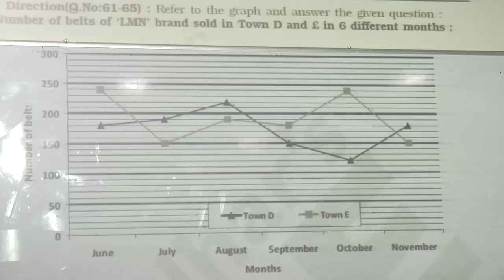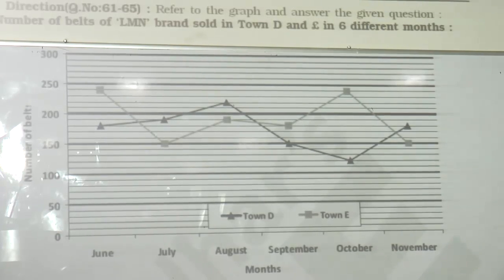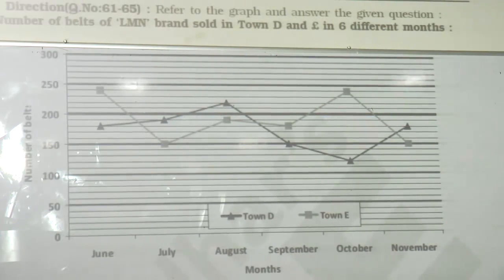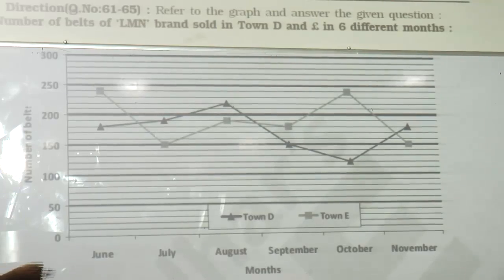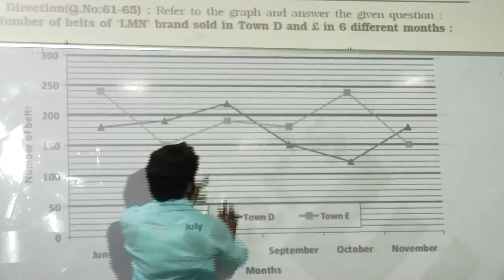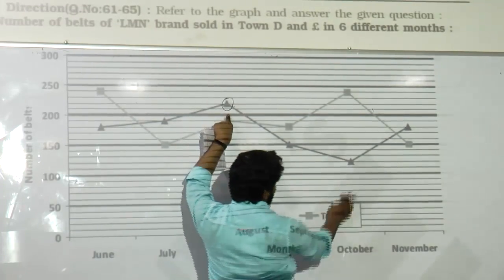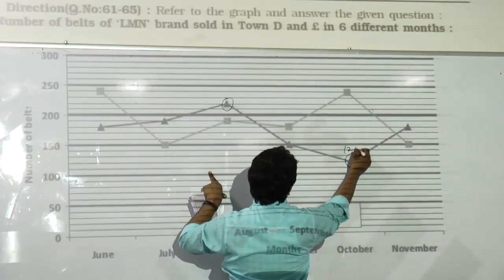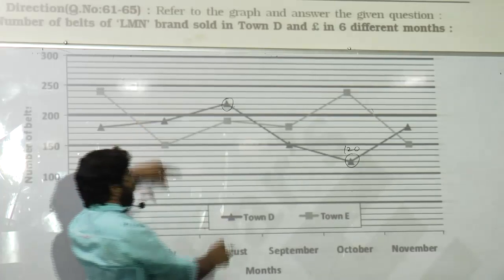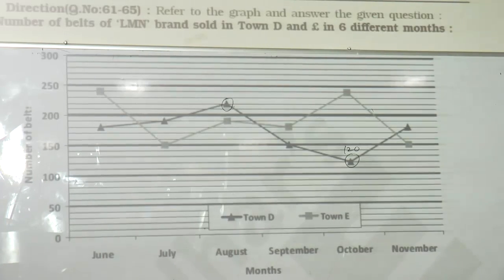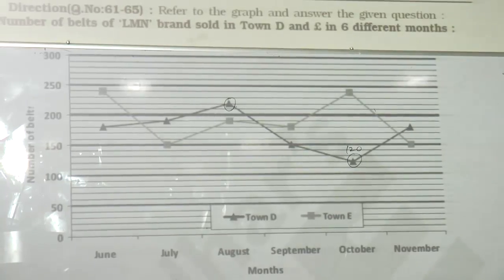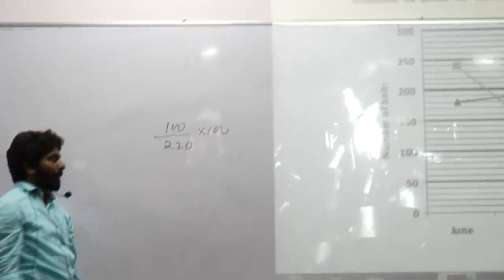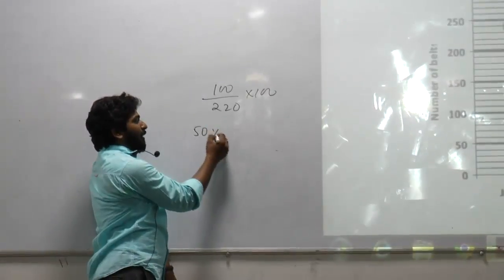63. Number of belts sold in town D decreased by what percent from August to October? D. August to October. This is 120 and this is 220. 120 is 100 less. That of 220. Percentage, right? So into 100. 50% of denominator is 110.